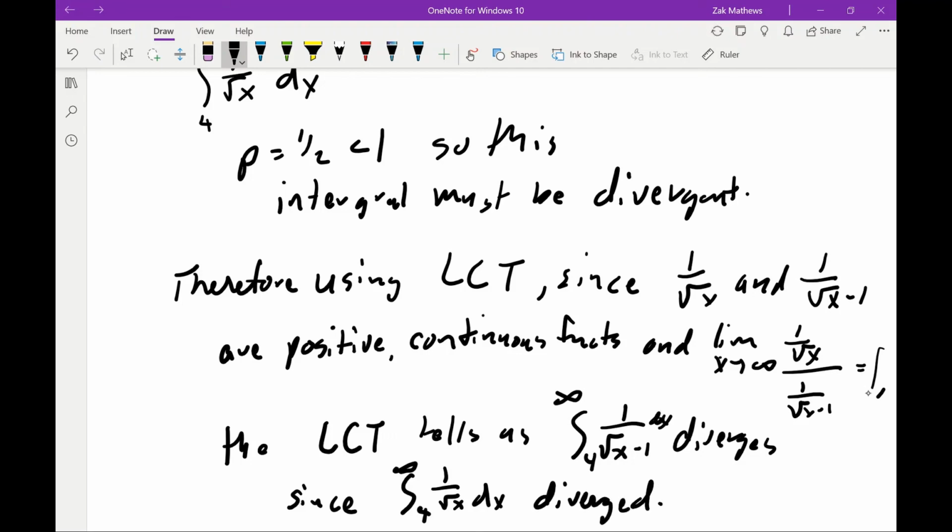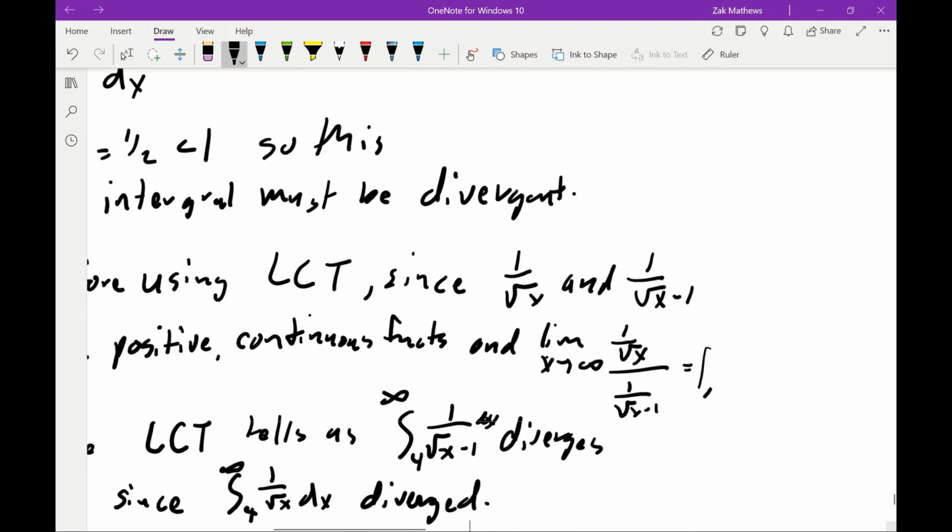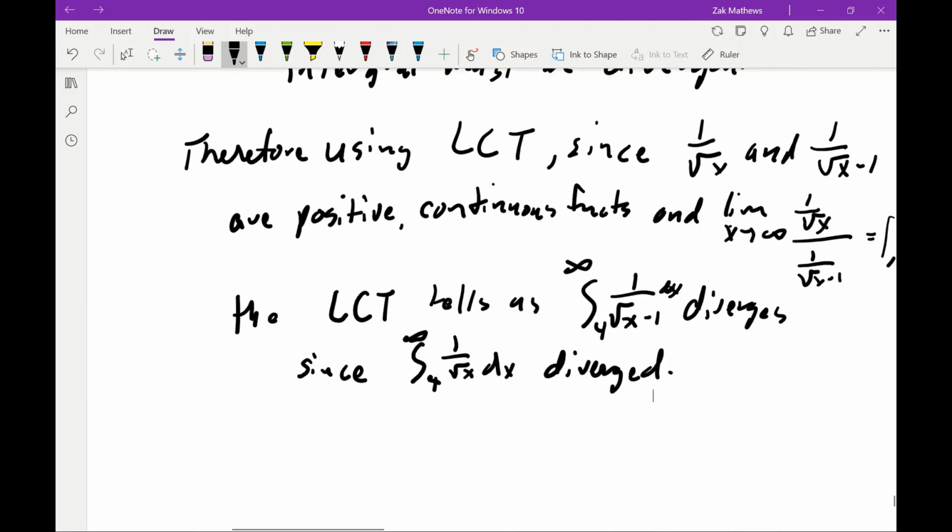And so that is a complete answer. We have shown that the conditions that are true to use a comparison test have been met. We have shown that the integral we're comparing it to either converges or diverges. Then we make our final assessment. In this case, that our integral was in fact diverging.